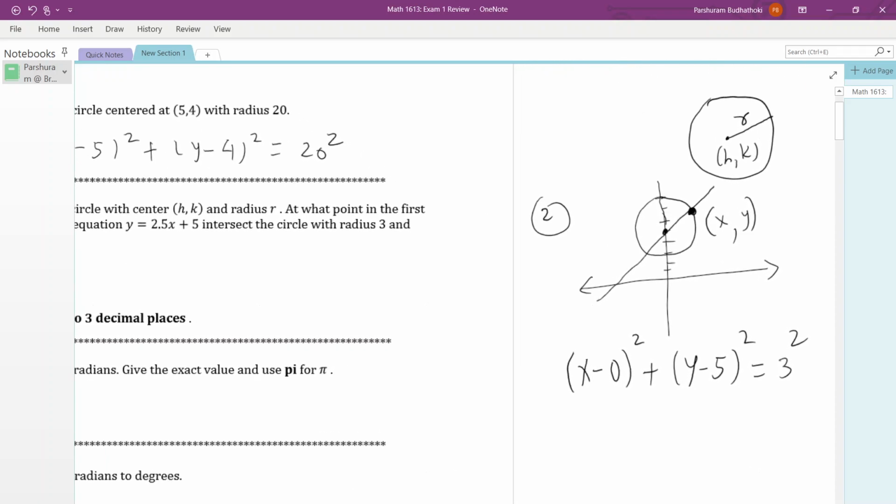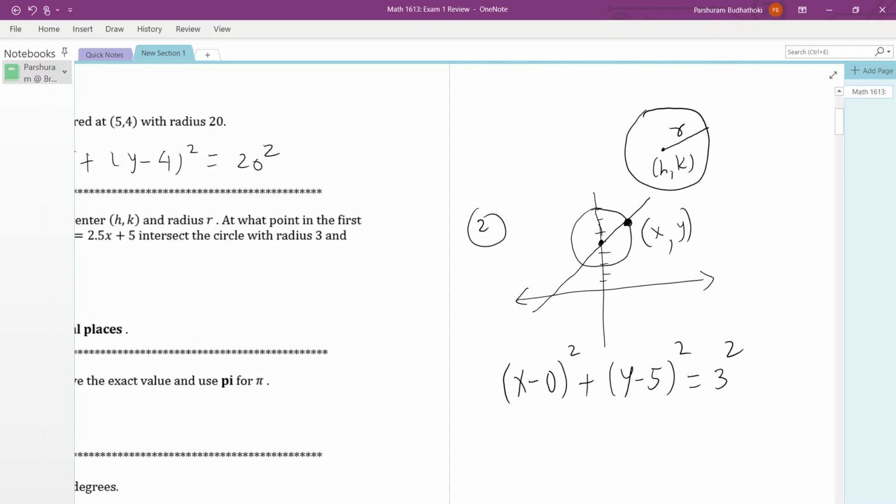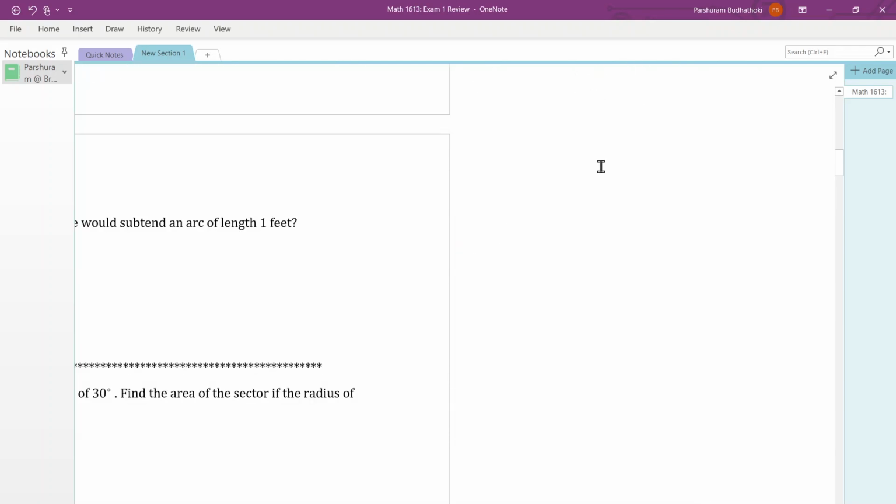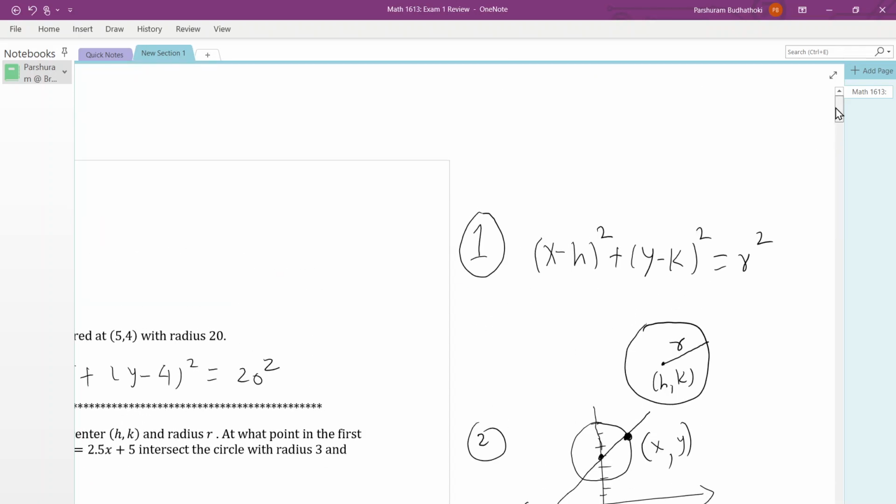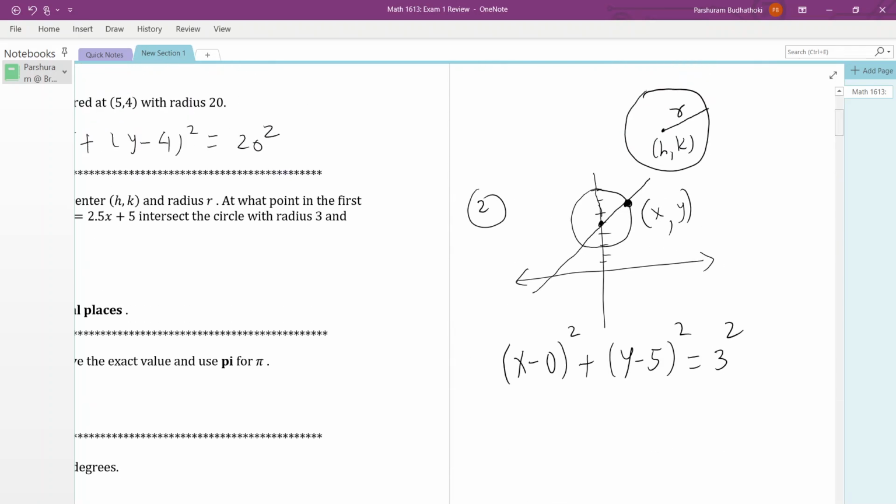Now we need to find the point where this circle intersects with this line. As you can see, the equation of the line is y equals 2.5x plus 5. So when this line intersects with this circle, you can just plug y equals 2.5x plus 5 into this equation and solve for x. That gives us the x coordinate of that point.